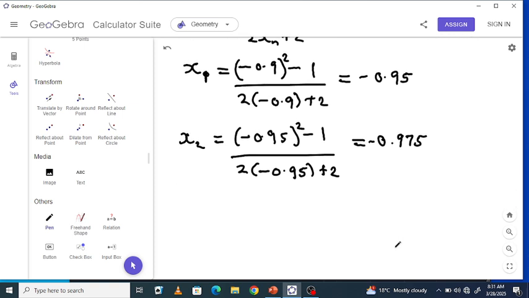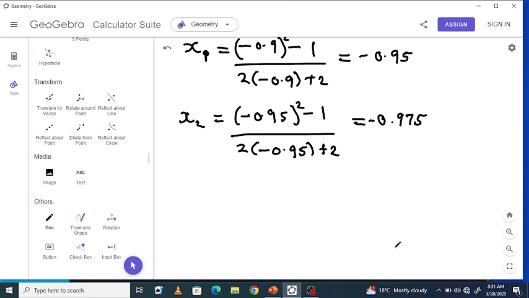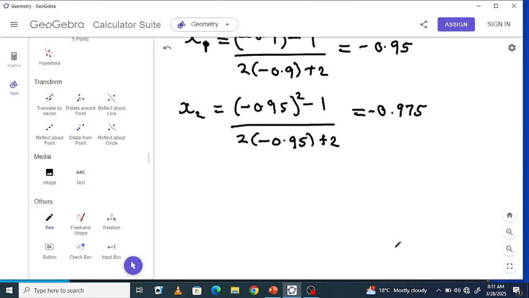We are going to x3, and remember you will be told the number of iterations if it's an exam, and since our question didn't state, we only go up to x3, and for x3 it means n is equal to 2, so we will have x2 squared minus 1 over 2 into x2 plus 2. What does that mean?